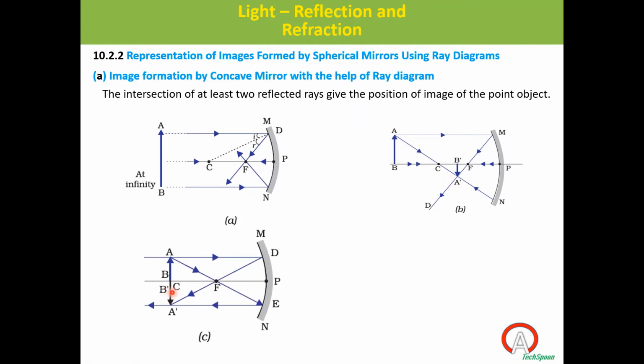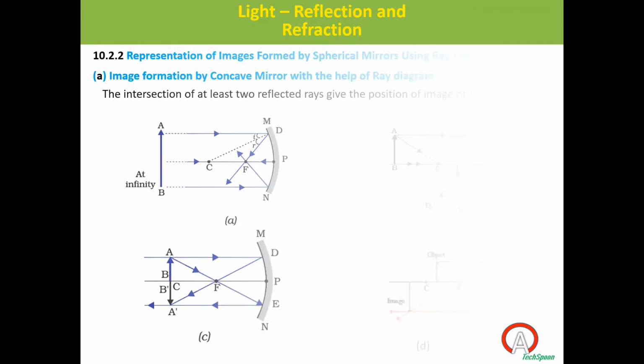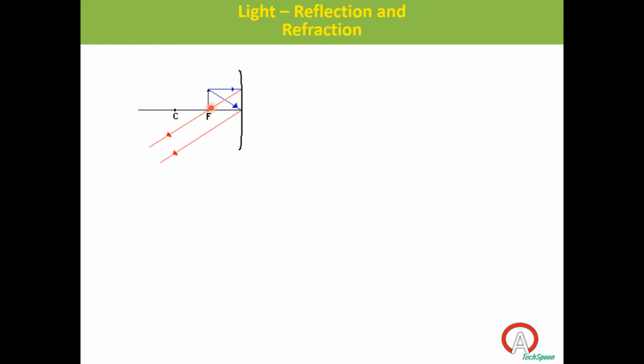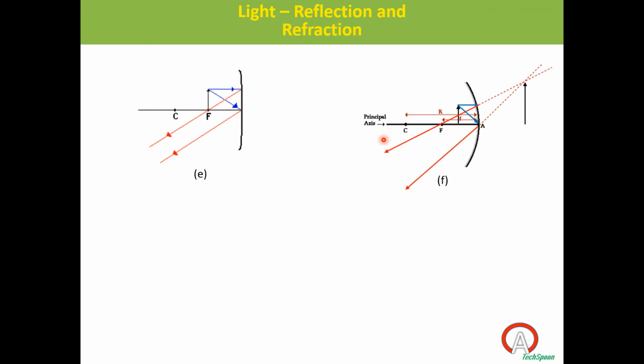Here also inverted, here also inverted. Case 4, case 5 at focus, then it is forming at infinity, a long distance away. Case 6, now you see the difference. This is the first reflected ray for focus, and the second incident ray reflected. It is not meeting, so this is the intersection point.